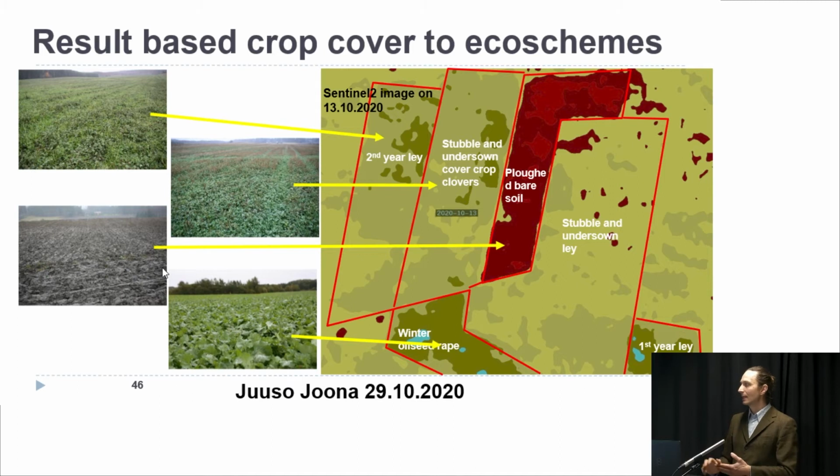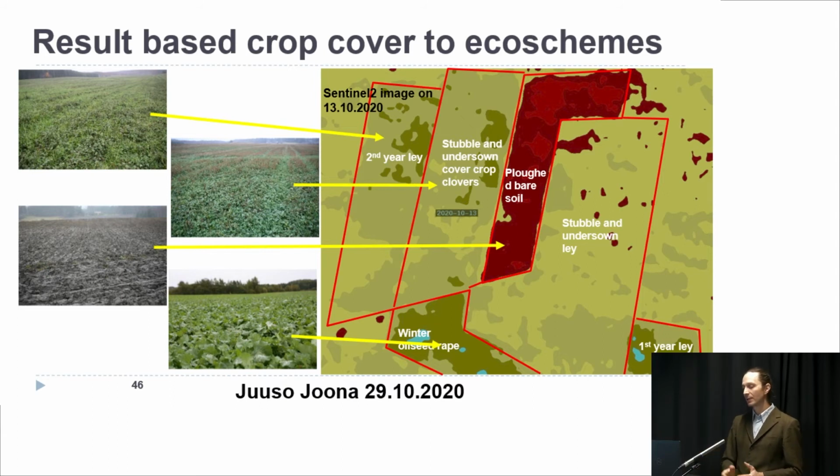And these yellow and green colors mean crop cover with ley or cover crops or winter crops, and they are from our farm. And this plowed bare soil, the red one, is from the neighboring farm. So very clear differences, easy to control.